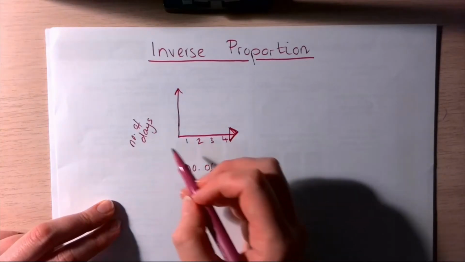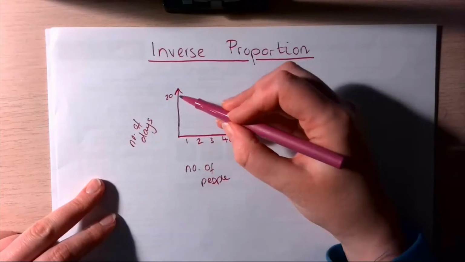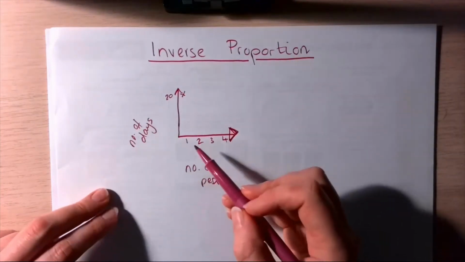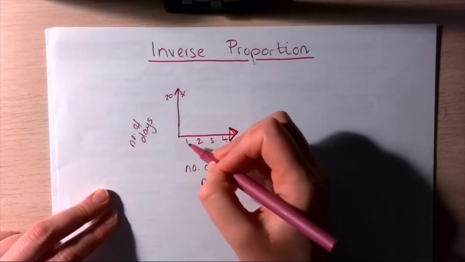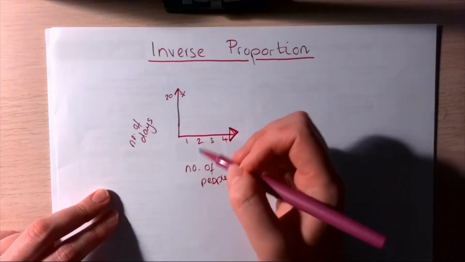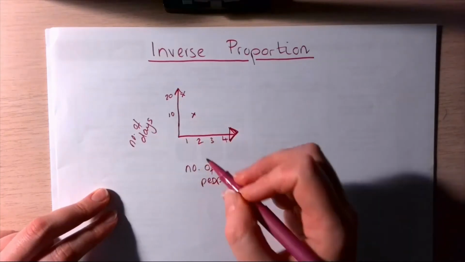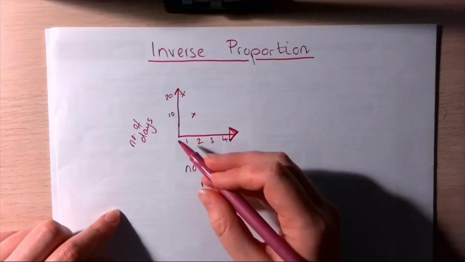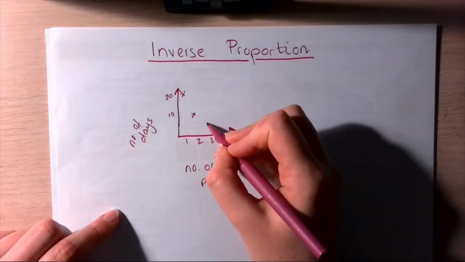We're going to say it takes one person 20 days to do the job. Now it's going to take two people half that amount of time, isn't it? Because if there's two people working, they're going to do twice as much work. So that one's going to come down here. And again with three people, it's going to be a third. That's not a very pleasant number in this case, but it's going to be somewhere around here.